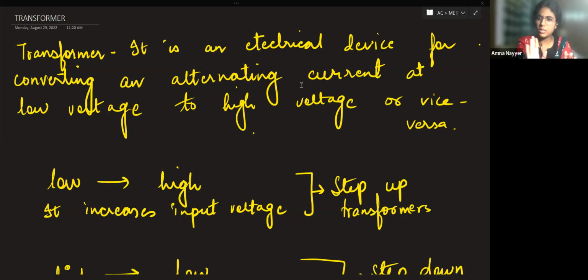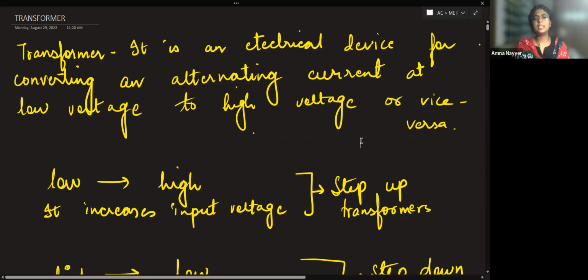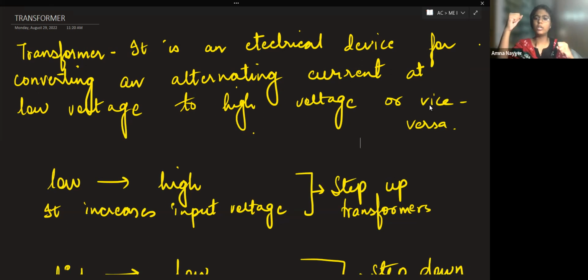Whatever tough part was there, we have completed in AC. Transformers is an easy part. Even the formulas are very easy for it. A transformer is an electrical device for converting an alternating current at low voltage to high voltage, or from high voltage to low voltage.